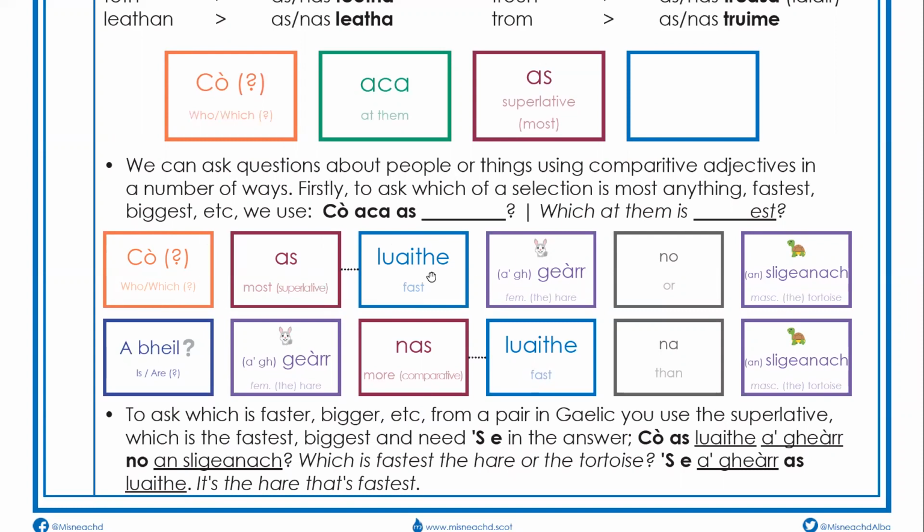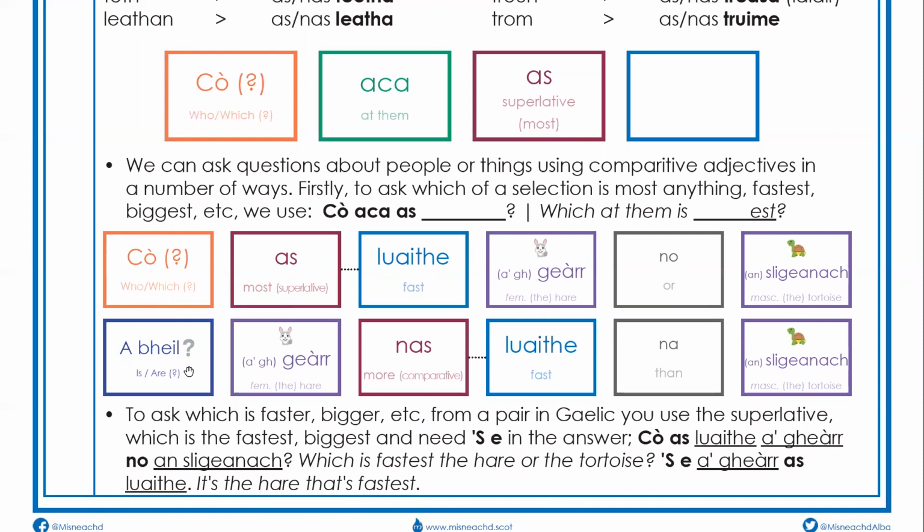Co as luia. Fheàrr, no, and slíochnaigh. So that would give us the choice of picking one and saying that it's the fastest. And for that, we would need to use sé. So, sé fheàrr as luia, the hare that's fastest.